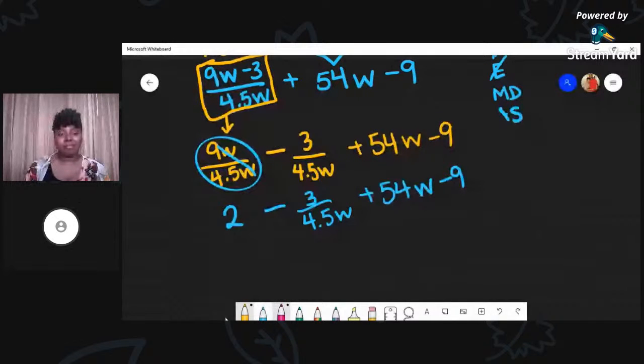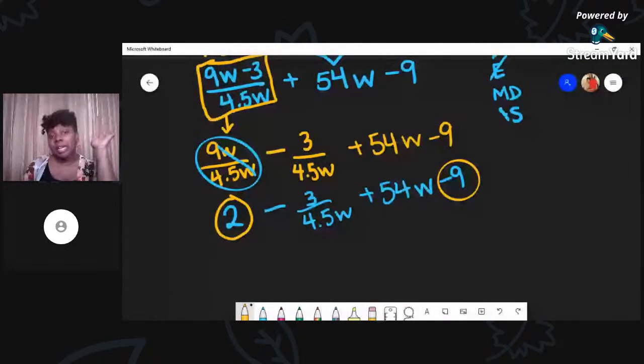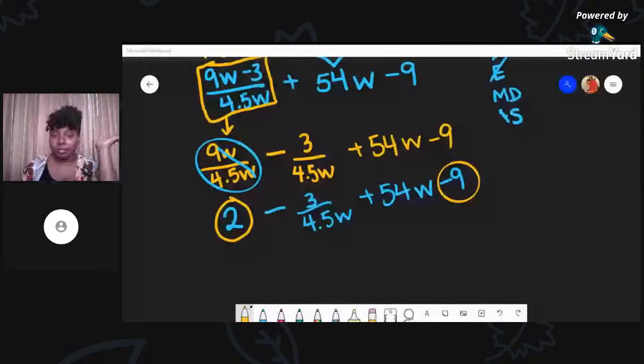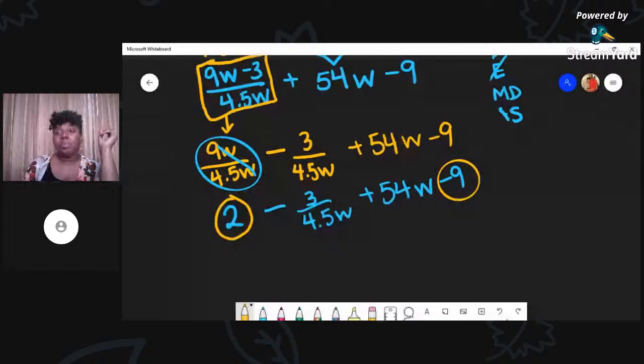We have the 54W and the 4.5W, and then we have the -9 and the 2. Good. I would go for the -9 and 2 first, just because it's the least complicated. So 2 minus 9 is what? That would be -7. Okay, I'm just going to put this to the side. This is -7.